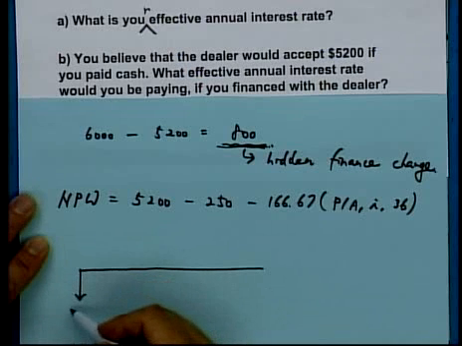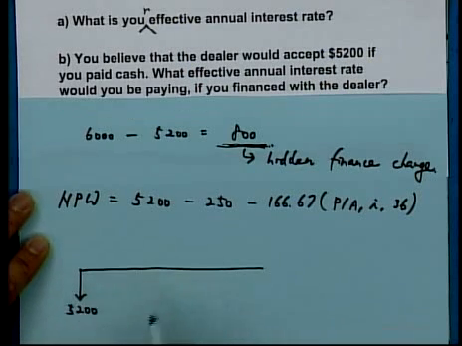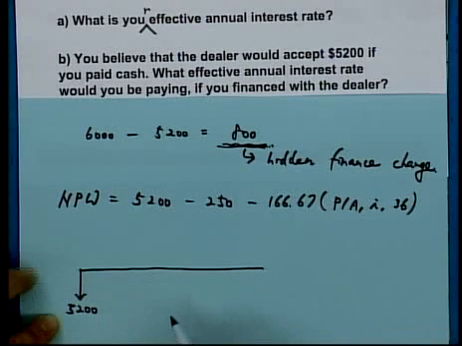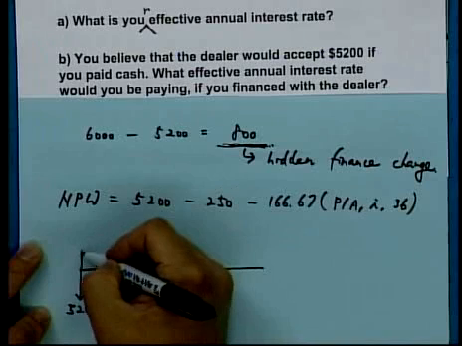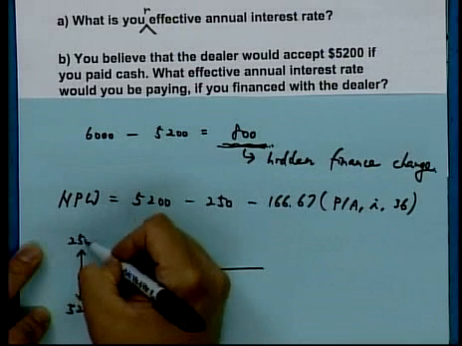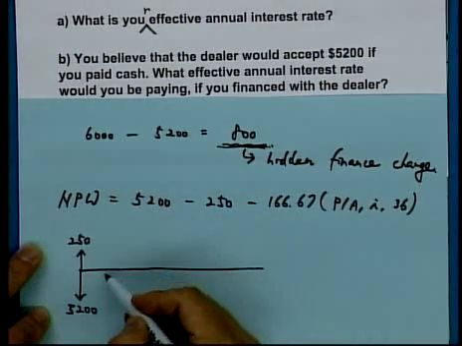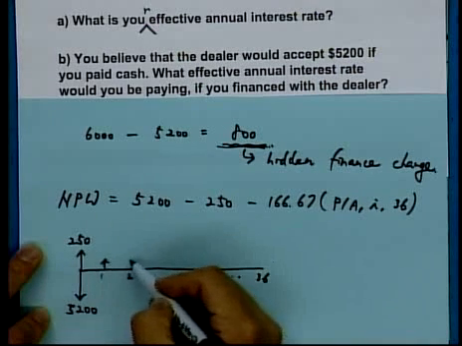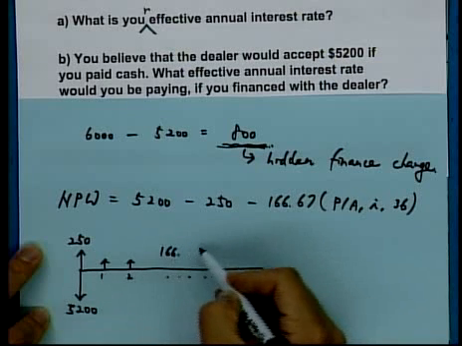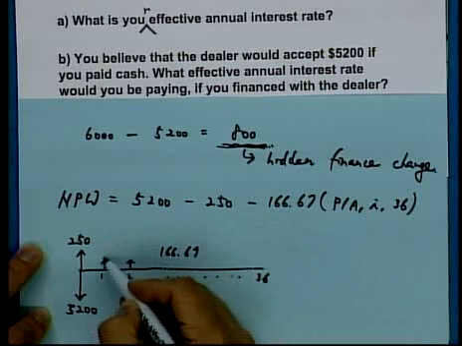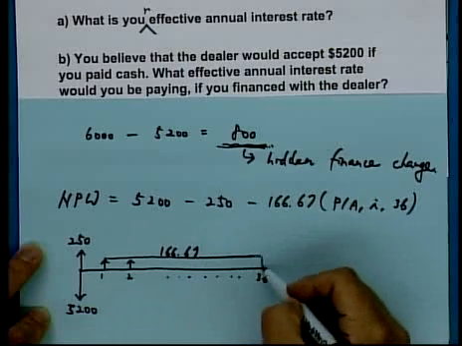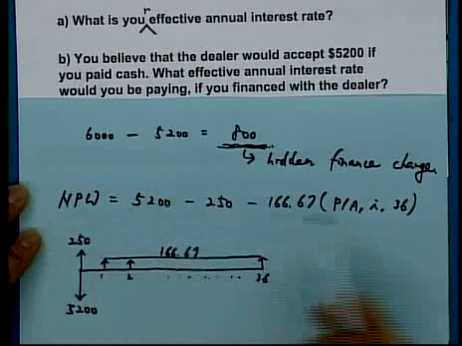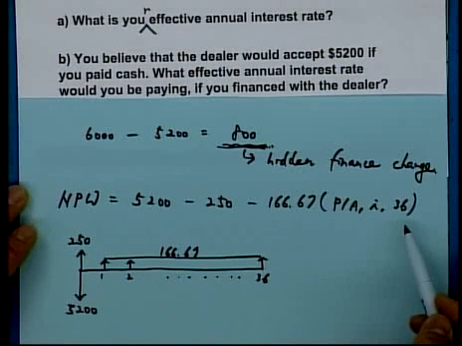The car price is not the price, but is really worth $5,200, and you're going to pay $250 right away, and for the next 36 months you're going to pay $166.67 each month, right? So the net present worth can be computed in this way.